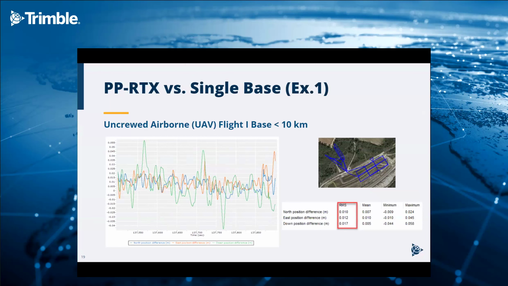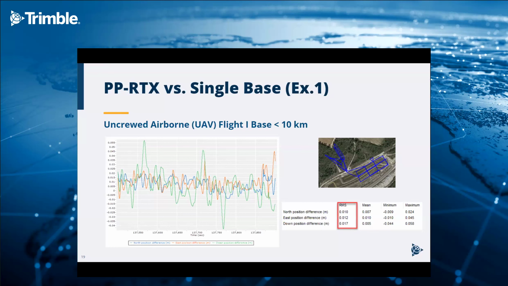So here's an example where we compared the PPRTX trajectory solution versus the single base solution, given that the single base solution typically provides a very good solution when the base station is close by. This is from an airborne flight, where the base is below 10 kilometers range. And we compared the north, east, down axes here.